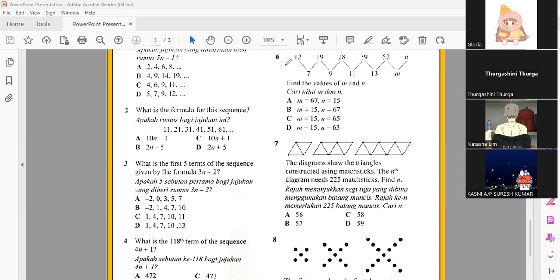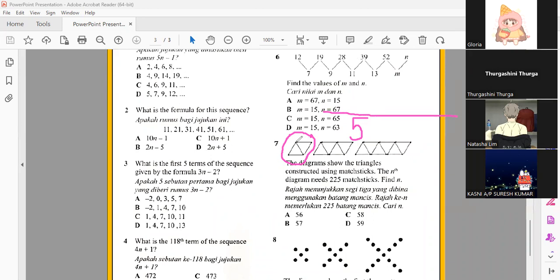I say create the table means what table? The table of how many matchsticks did we have here? In other words, 1, 2, 3, 4, 5. There were 5 matchsticks in the first picture. And tell me how many triangles are there?